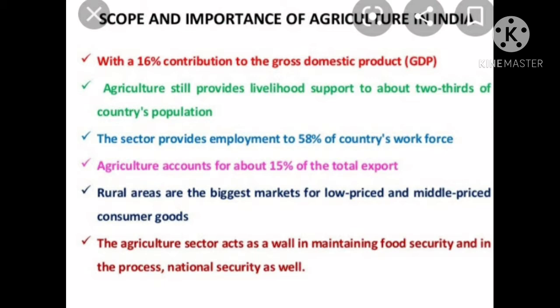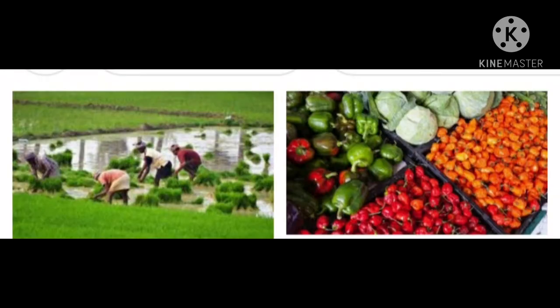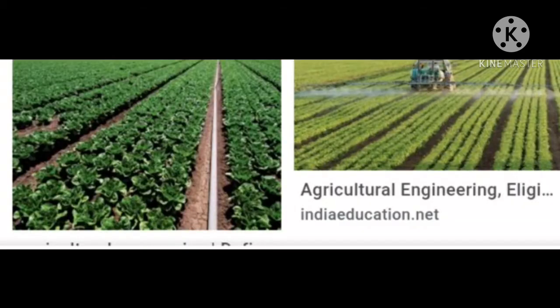Besides the cultivation of different crops, rearing cattle, sheep and goats, maintaining poultry farms, keeping bees, sericulture, horticulture, orcharding, pisciculture, pig farming, emu farming, etc. are also included in agriculture.